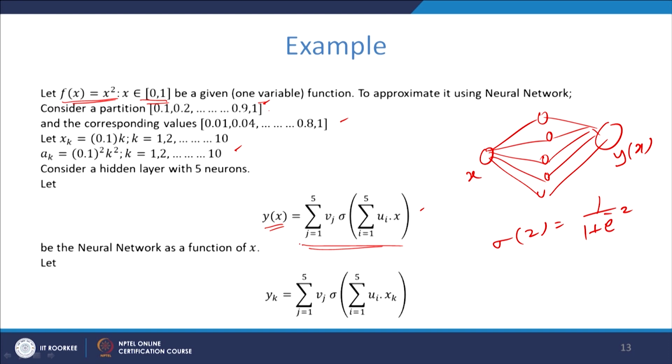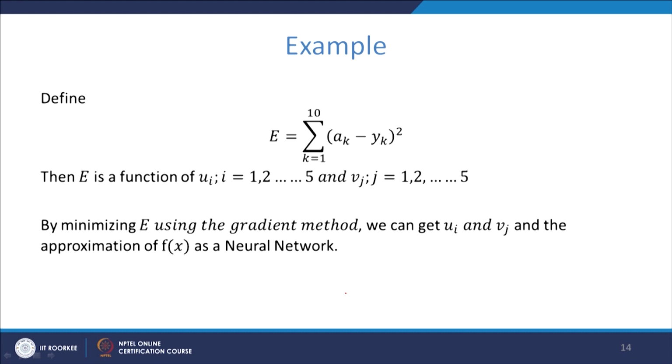Now, in the place of x, if we substitute the partition values 0.1, 0.2 etc. for xk, we can calculate for each value of the partition the corresponding neural network value, which is given by this. So, if we suitably find these weights vi and ui for i equal to 1, 2, 3 up to 5, what is the requirement here?